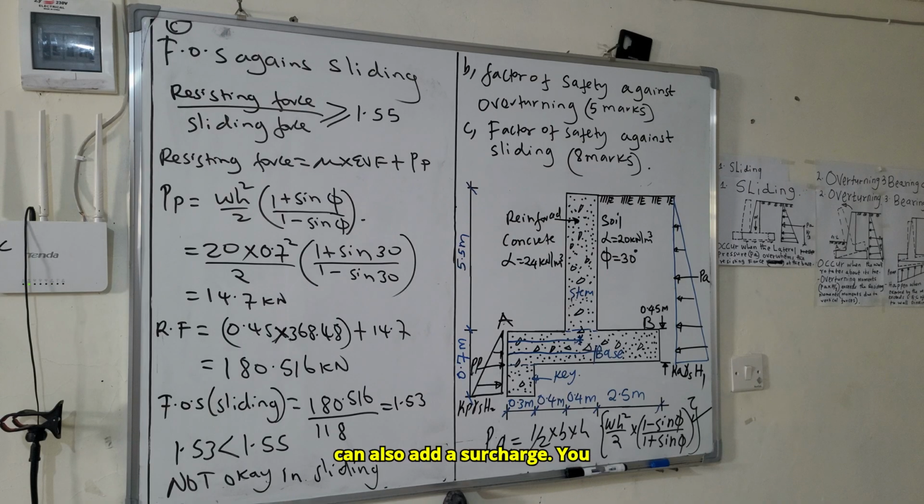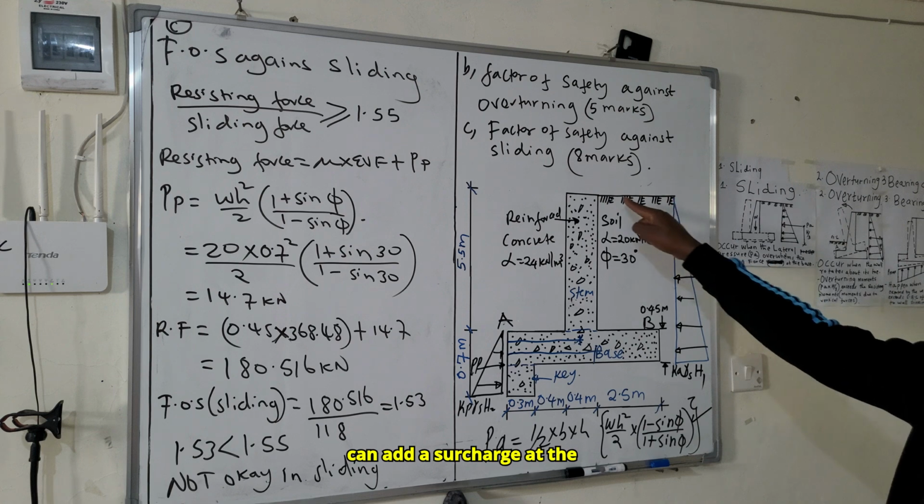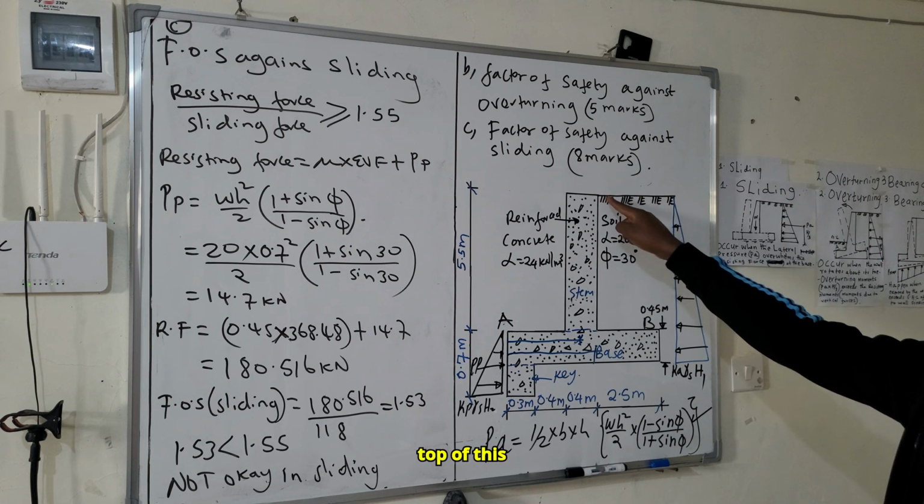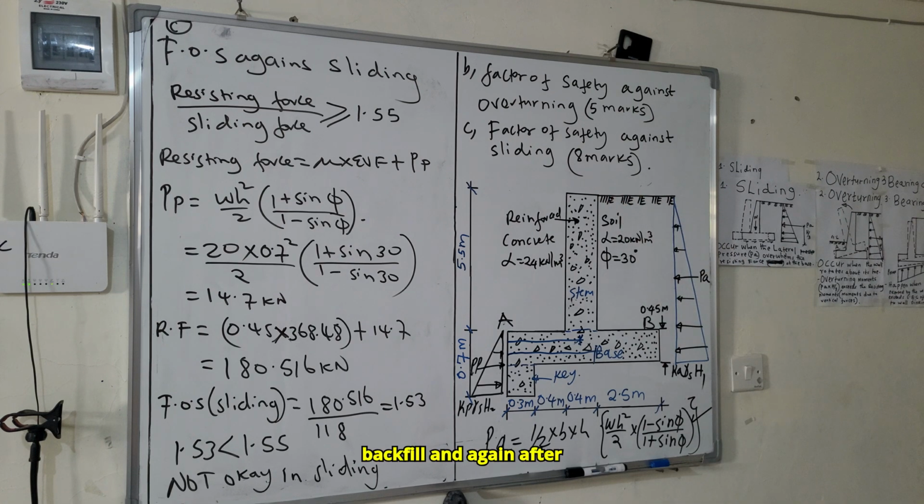Or you can also add a surcharge at the top of this backfill. And again, after adding the surcharge, you will recalculate and check if there will be sliding or not. So that marks the end of that question.